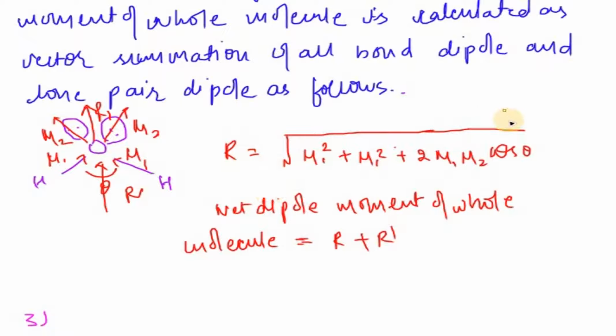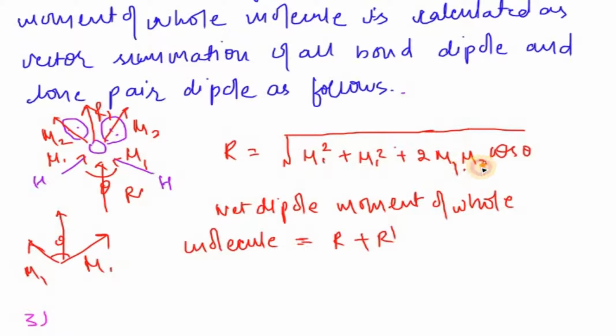So whenever we have vectors, let's say this is the mu1 vector and this is the mu2 vector, with angle theta between them, even if they are different we use this formula. The net resultant vector is r equals the root of mu1 square plus mu2 square plus 2 mu1 mu2 cos theta.